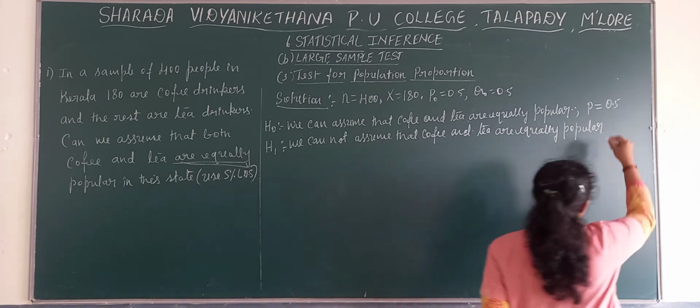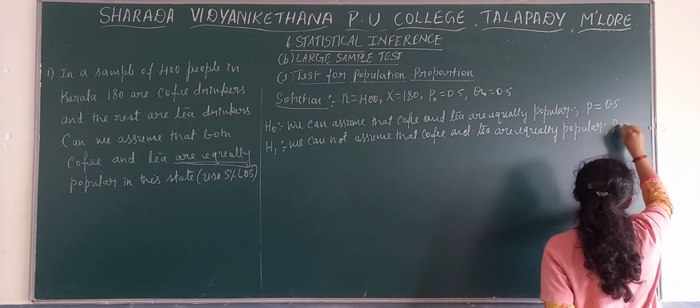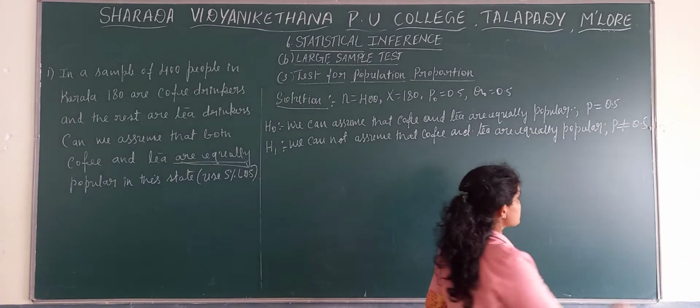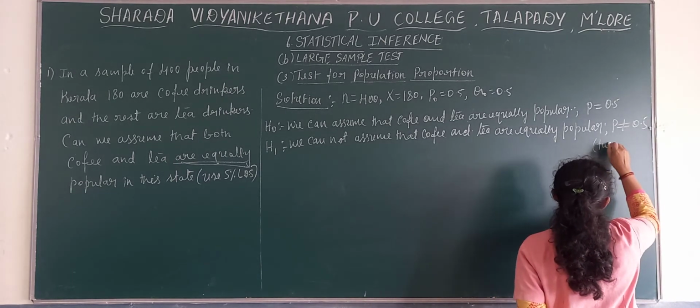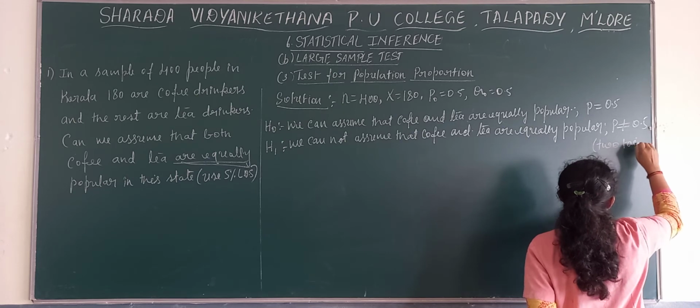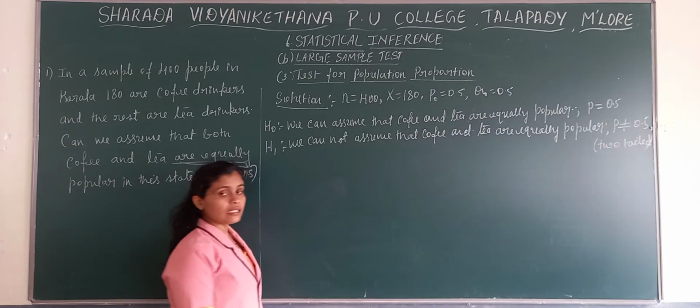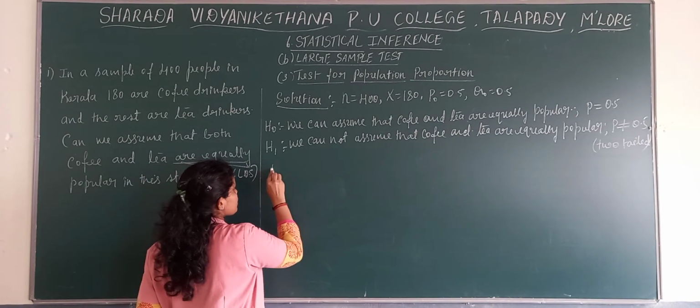So we need to take P is not equal to 0.5. Then the test we need to consider as two-tailed. It's a two-tailed test.